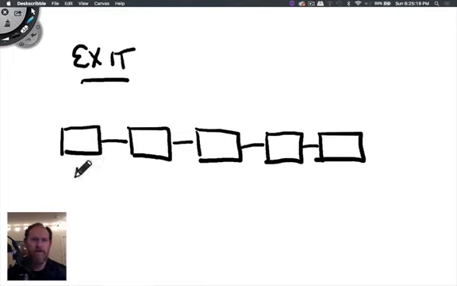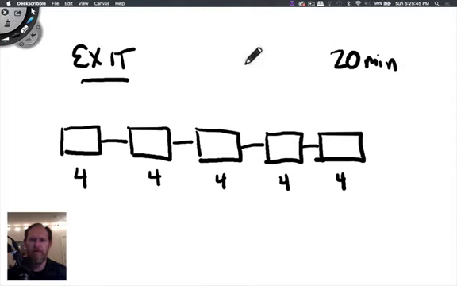And let's say each station takes 4 minutes. That means that for one item to go through the system, it takes the sum of these 4. So that would be 4 times 5, 20 minutes.